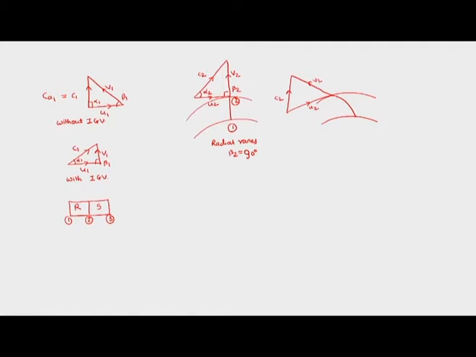V2 velocity is tangential to the blades, U2 velocity is tangential to the arc, since U2 is the tangential velocity, and then this turns out to be alpha 2, and this turns out to be beta 2.